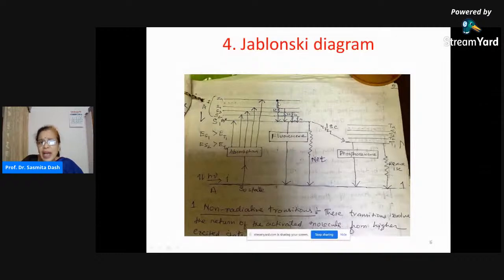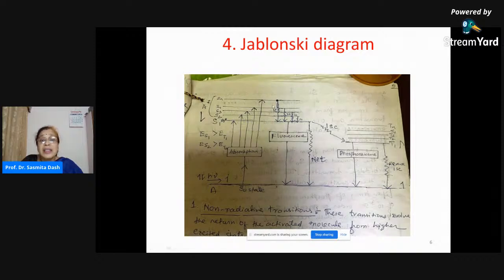Just like we have the molecule going from S2, S3, S4 up to Sn coming to S1, we can also have similar internal conversion taking place from T3, T4, T5 to T1. This also can happen by IC.